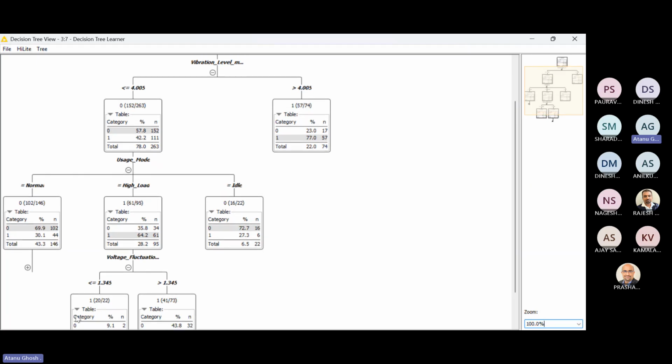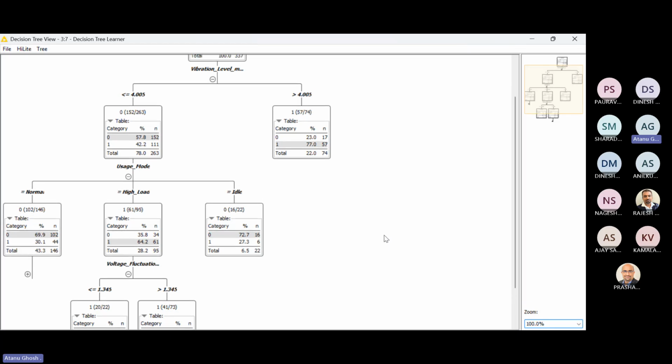The ends are called leaf nodes because it's a tree, so the leaf is at the end of the tree. Question is, what is the minimum number of observations, this number 74, 263, that a leaf node can carry if the objective of the decision tree is to have information gain and there's no constraint in terms of branching?